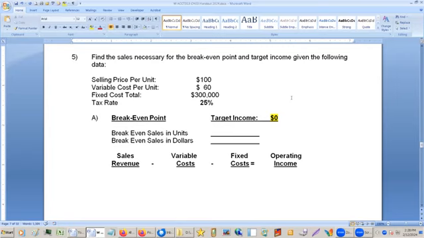Why? Why won't tax, if you're looking at the break-even point, come into play? You put it in chat if you want.